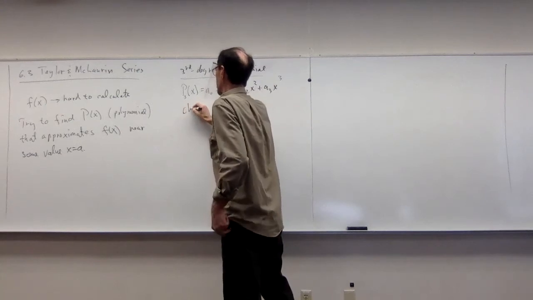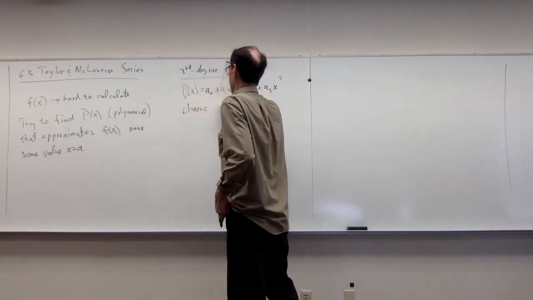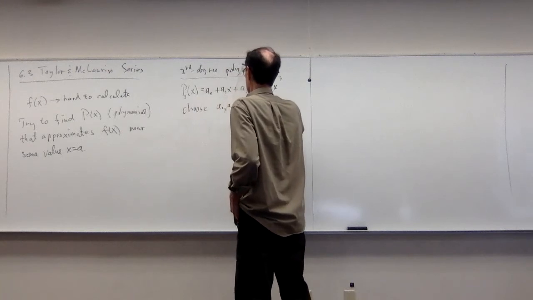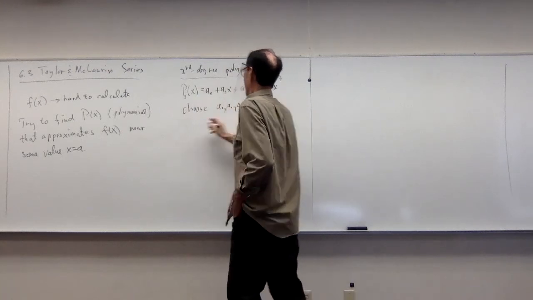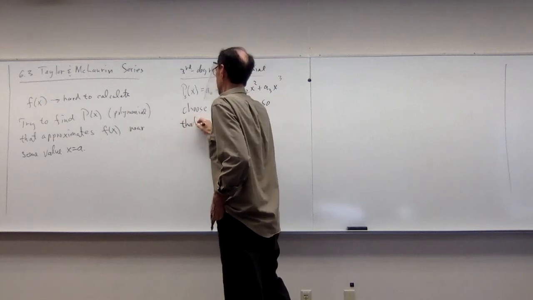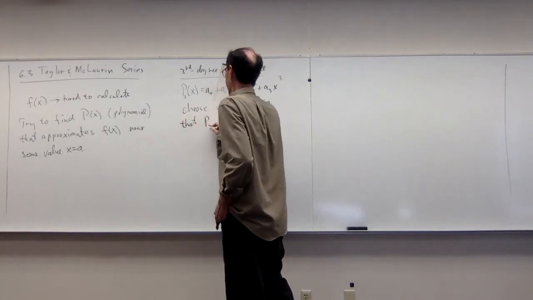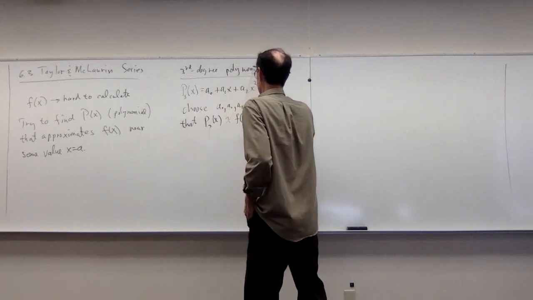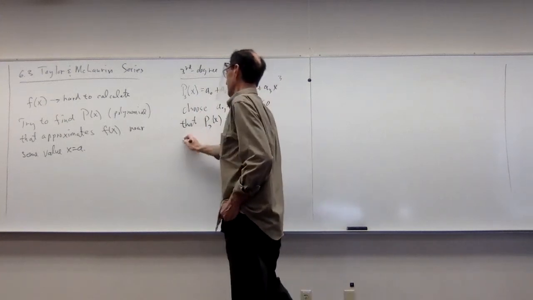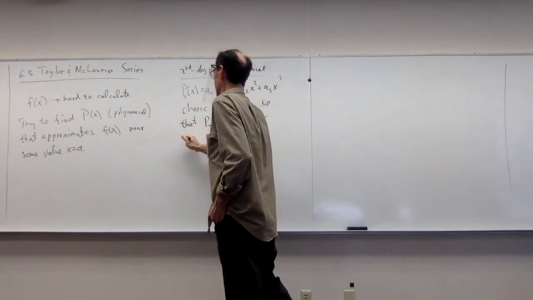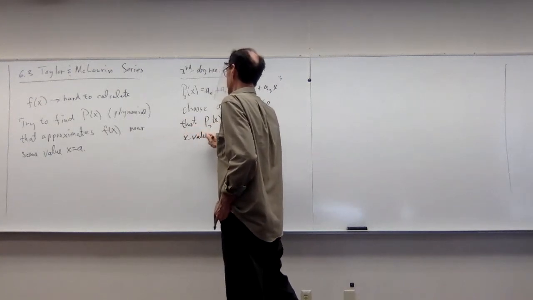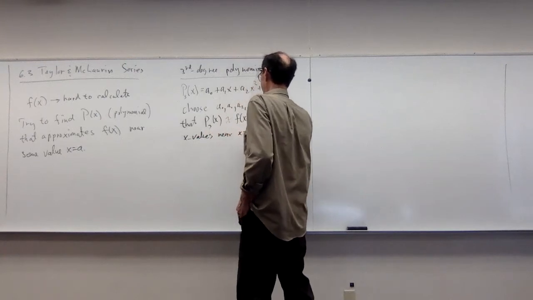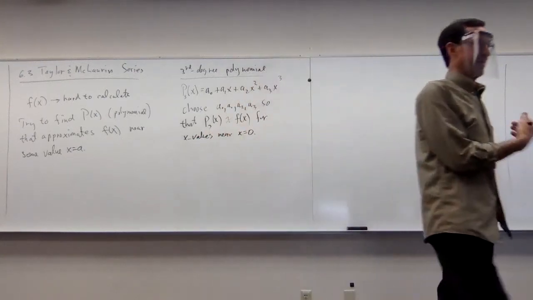And what I want to do is choose the a values so that P3 of x is approximately f of x for x values starting at 0, just for a nice concrete example.